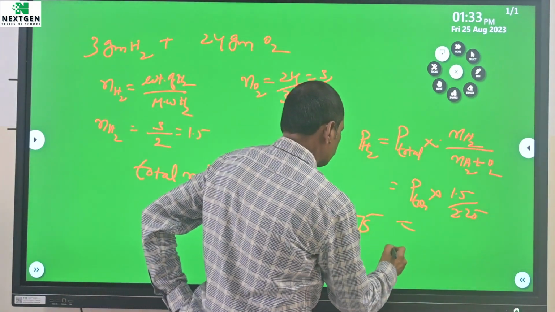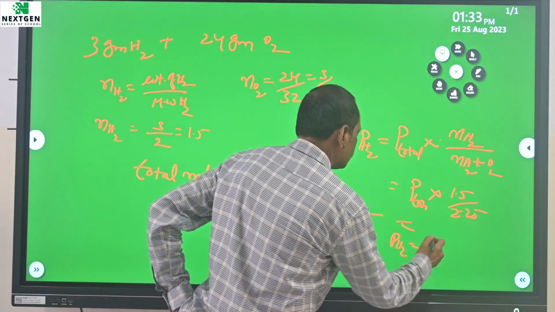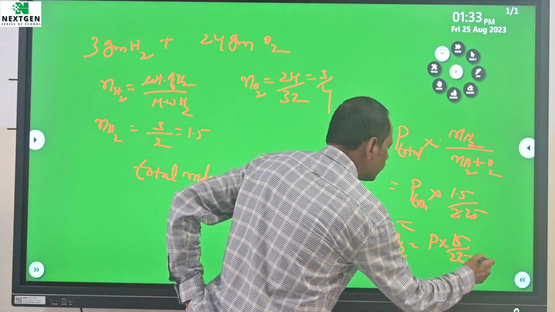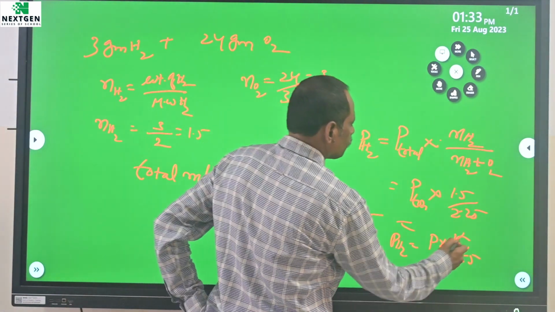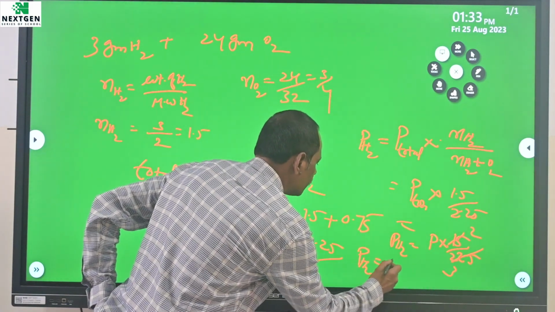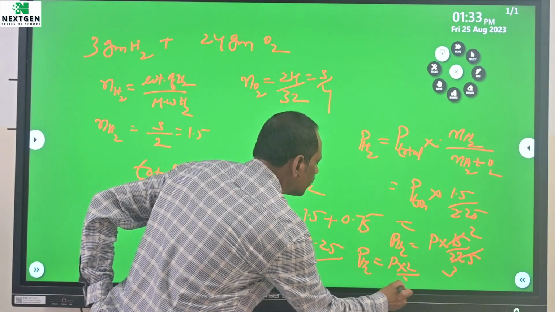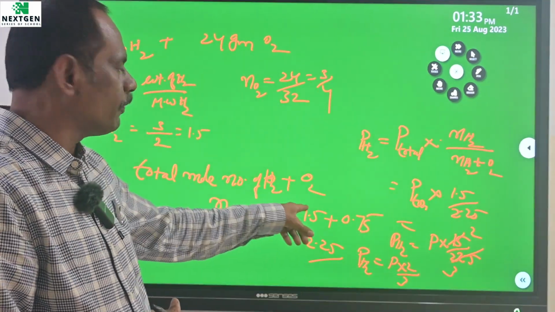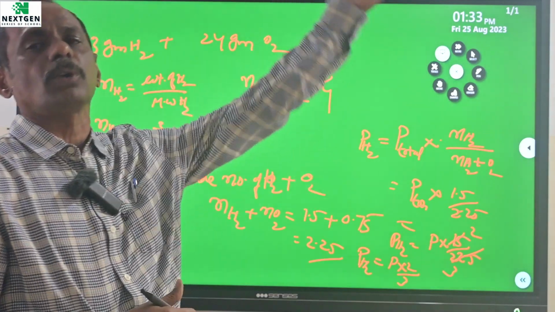That is, the partial pressure of hydrogen is equal to the total pressure into 15 by 22.5, or 7.5 twos are 15, 7.5 threes are 22.5. Therefore the partial pressure of hydrogen is equal to the total pressure into 2/3. So in that mixture the partial pressure of hydrogen is 2/3 of the total pressure.